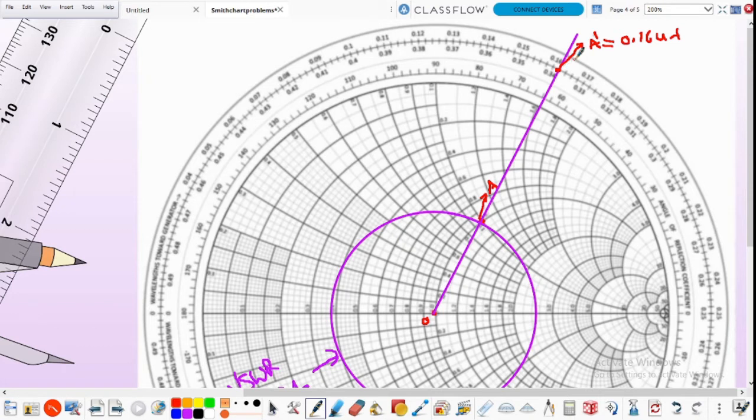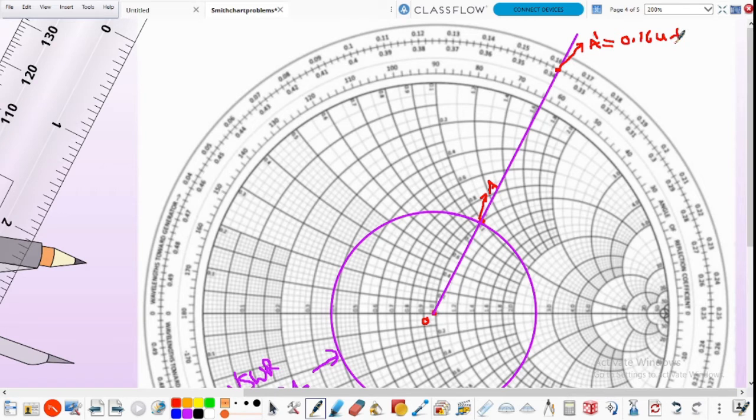The point A dash is located at 0.164 lambda on the outer rim, and this is the rim. On the outer rim, what is that value? Outer rim values 0.15, 0.16, 0.17. So that value is approximately 0.164 lambda.